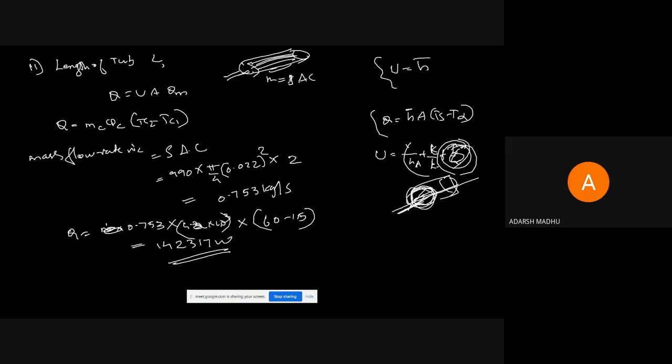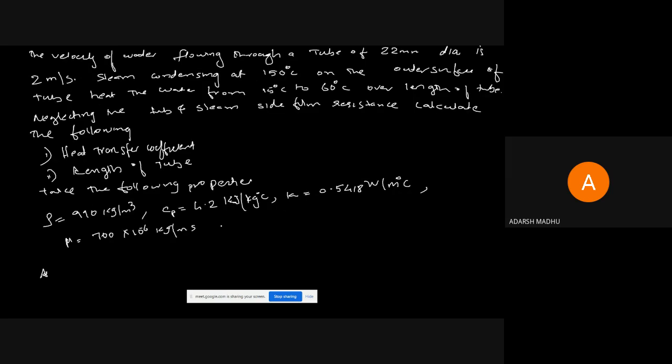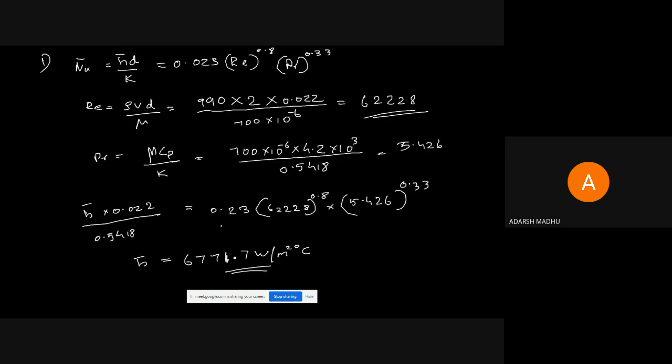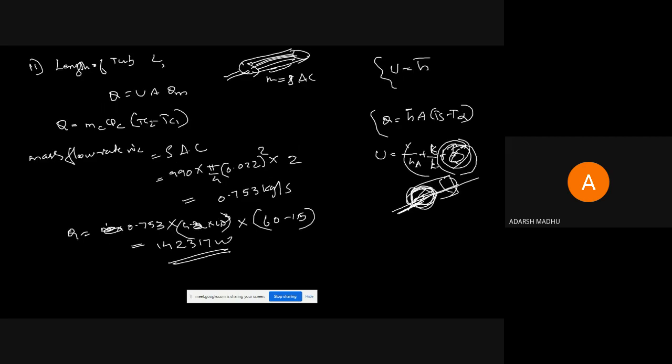So next is the theta m value. To find theta m, you know the equation: theta m is theta 2 minus theta 1 by log theta 2 by theta 1. Here it is not stated that it is a counterflow, so you can take the parallel flow equation.